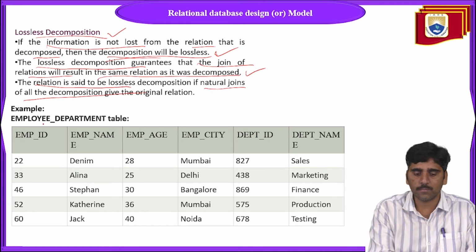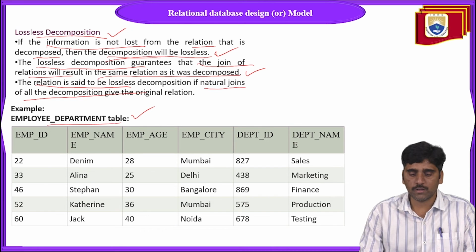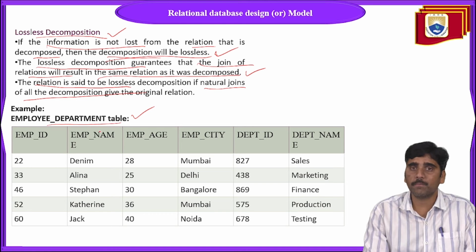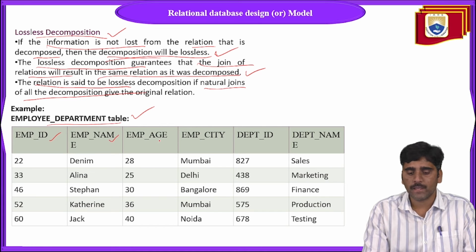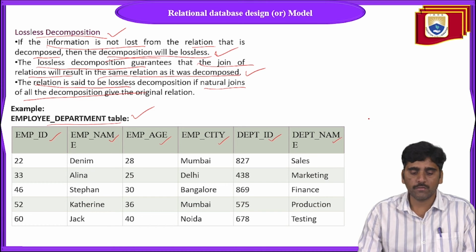Consider this employee_department table. This is one table which can have duplications and different values. The employee_department table contains employee ID, employee name, employee age, employee city, department ID, and department name, and it can have values also.